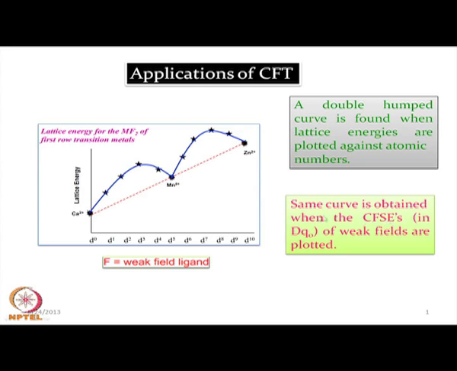The same values are in terms of Dq octahedral, not Dq tetrahedral, because it is giving us only octahedral geometry. In that octahedral geometry, if we plot these CFSEs, we will get the same double humped curve. So, it is only the contribution from the CFSE above this particular line, where we do not have any contribution for ions like calcium 2 plus, manganese 2 plus or zinc 2 plus.